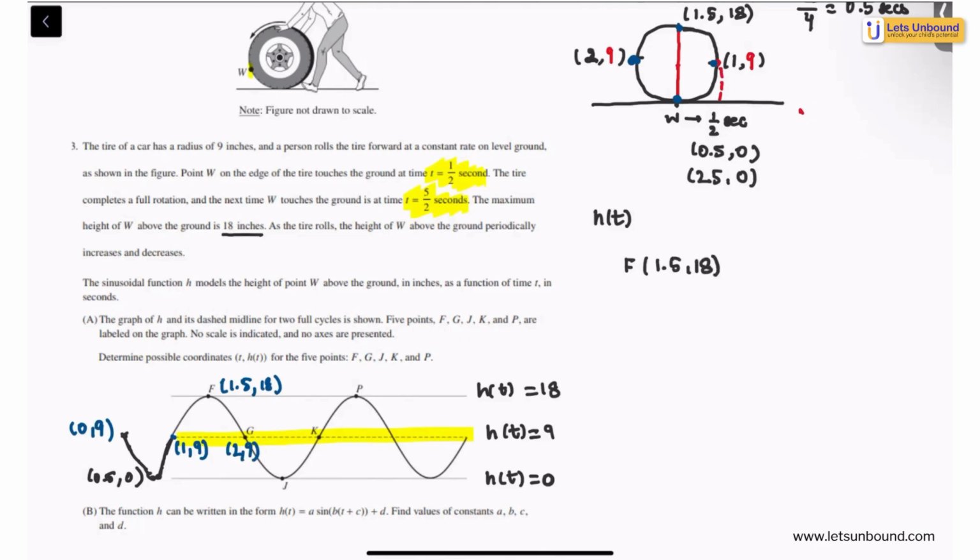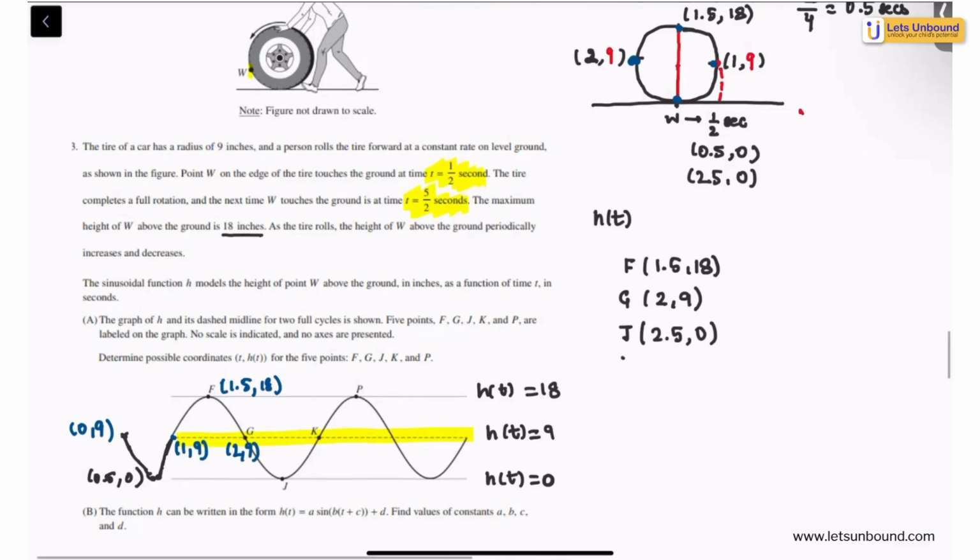Another value for G will be increased by 0.5, and the height is at the dashed line, which is 9. Now J is the minimum most point, and it will be obtained after another increase of 0.5 seconds, which will be 2.5 comma 0, which has also been given in the question. At 5 by 2 seconds it touches the ground, which is the minimum height.